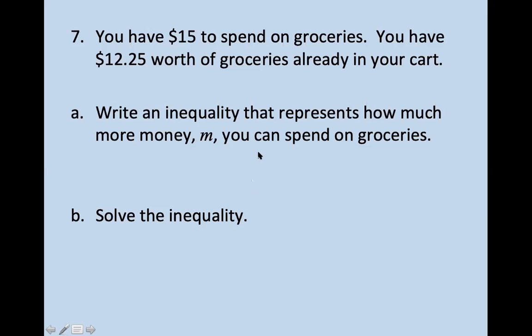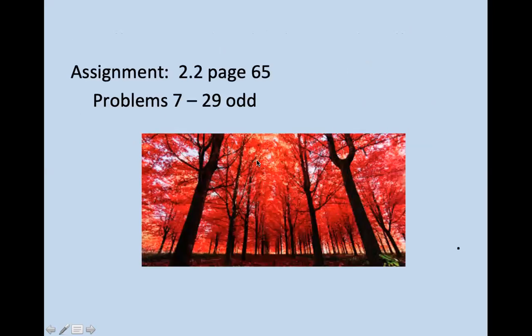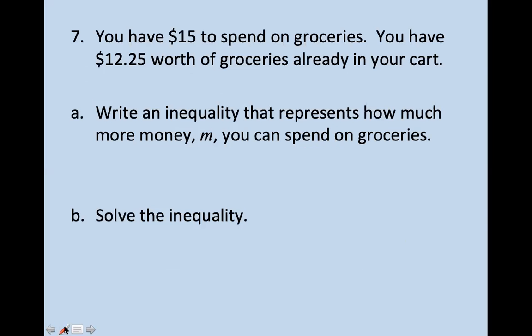I know I have to have less than $15, right? I don't have any more money. Could I spend exactly $15? Sure. So what I spend has to be less than or equal to $15.